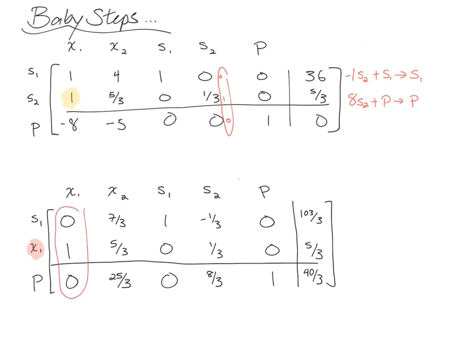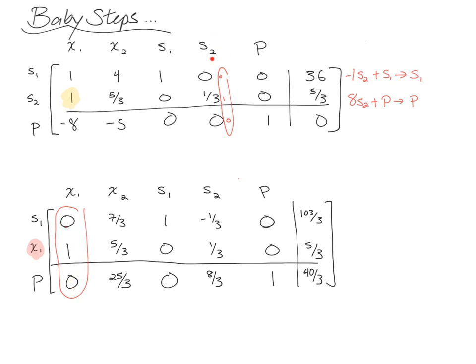Now we can't just switch it. We had to do row operations and find a pivot and all this stuff to get it from here under S2 to here under X1. But that's why this S2 changed into X1. This X1 is now where that column used to be. So this 0, 1, 0 through row operations and pivots and all that is now under X sub 1.